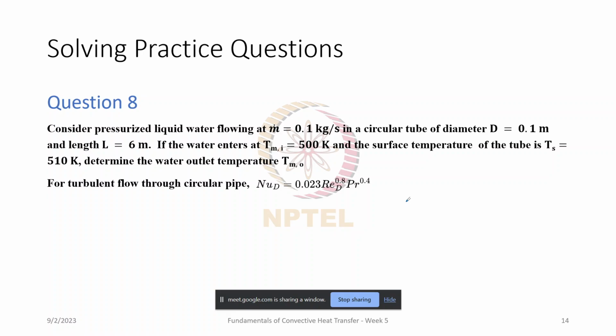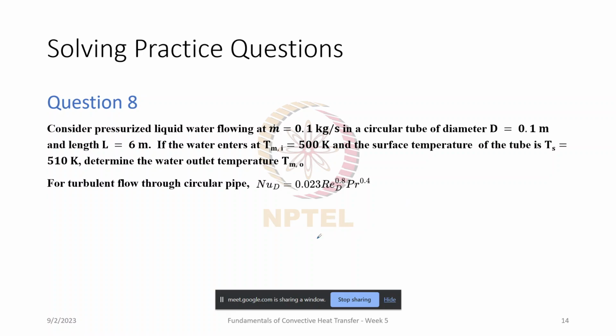If the water enters at 500 Kelvin and the surface temperature of the tube is 510 Kelvin, determine the water outlet temperature. And we have given an expression for turbulent flow through a circular pipe as well. The Nusselt number equal to 0.023 into Reynolds number to the power 0.8 and Prandtl number to the power 0.4.